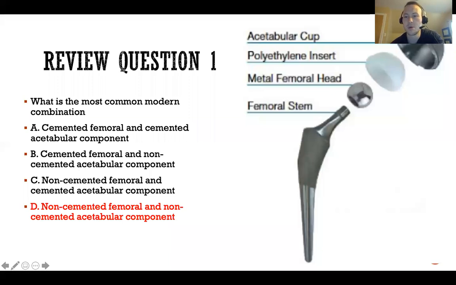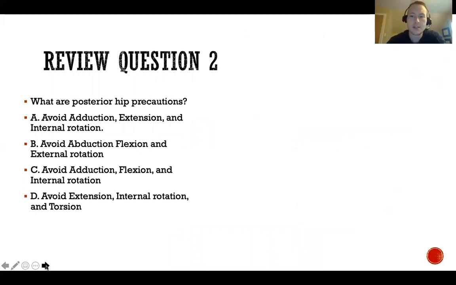So you actually get bony ingrowth that then fixes it. Grit blasted is far inferior to a manufactured texture. Just wanted everybody to know that grit blasted is useless. All right, next question.